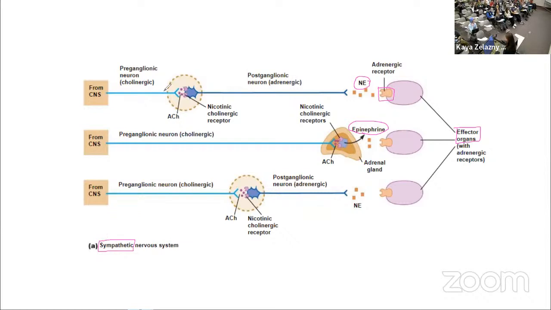So thinking about this, because we are about to think about those adrenergic receptors in their effector organs, because the vasculature is one of your effector organs. So smooth muscle in our blood vessels is going to have these adrenergic receptors, and it's going to be responding to norepinephrine and epinephrine.